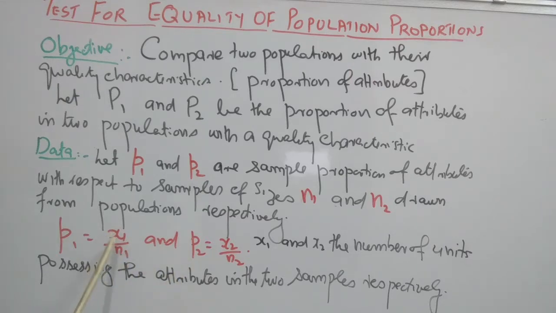Then p1 is equal to x1 by n1 and p2 is equal to x2 by n2. They are the sample proportions. x1 and x2 are the number of units possessing the attribute in the two samples respectively. They are used for drawing information about the population.